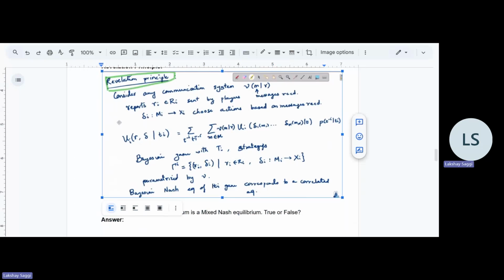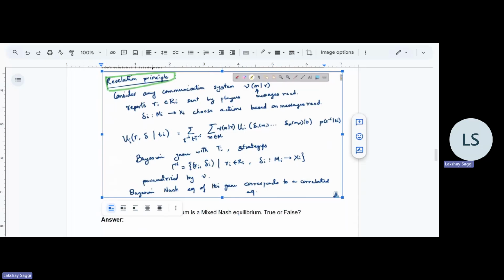Even though there is no mediator here, and all the players in the communication game are communicating within themselves, all of this can be modeled as a correlated equilibrium. Basically, there exists a mediator who's talking to everyone, and then you have to find the correlated equilibrium.